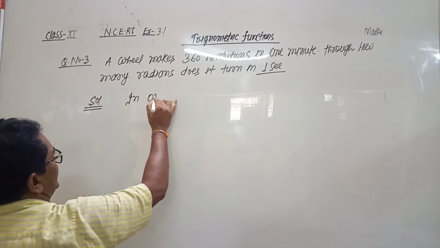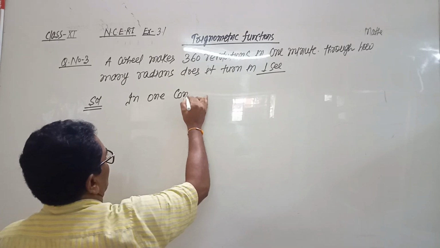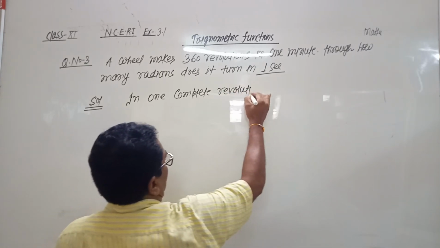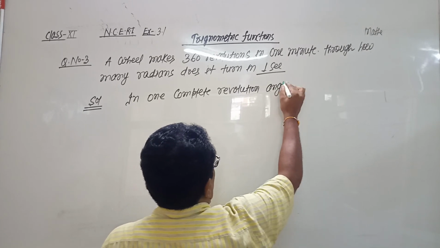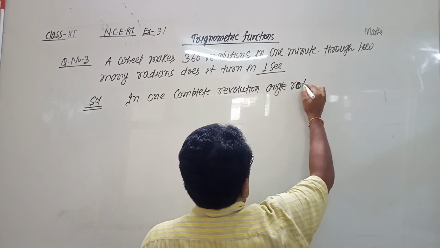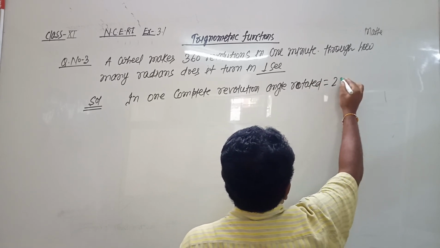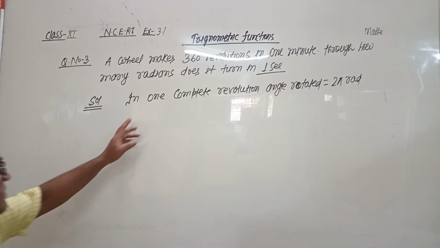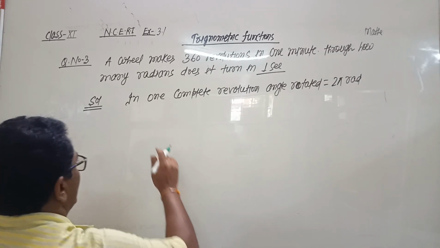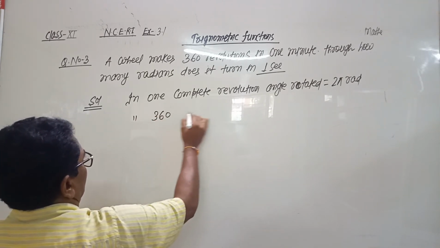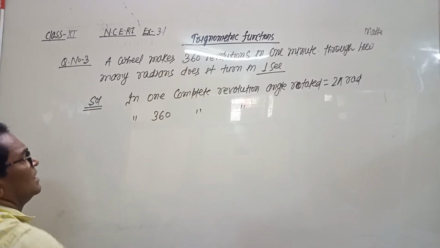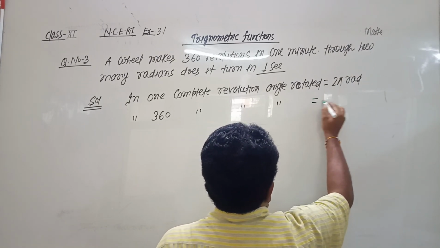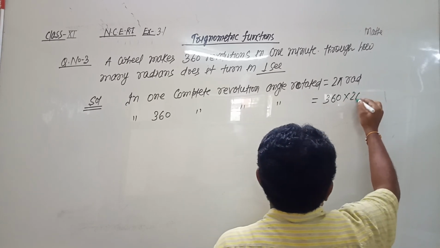So in one complete revolution, angle rotated is 2 pi radian, and in 360 complete revolutions, as the wheel makes 360 revolutions, the angle rotated will be 360 into 2 pi radian.